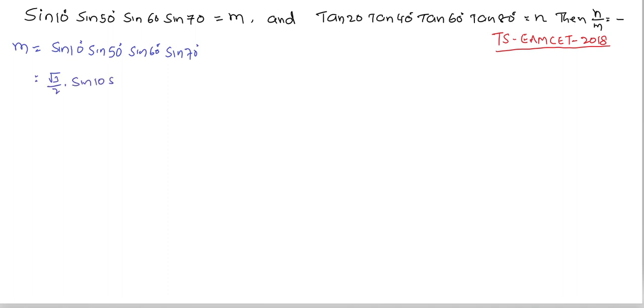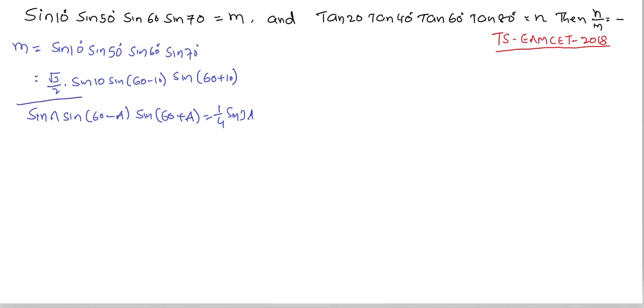Sine 50 is written as sine 60 minus 10, and sine 70 is written as sine 60 plus 10. We know the formula sine A into sine of 60 minus A into sine of 60 plus A is equal to 1 by 4 sine 3A.